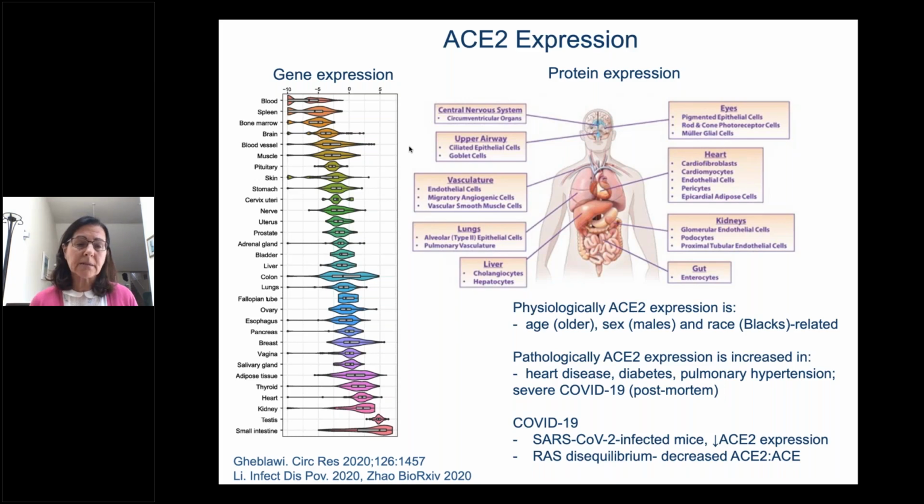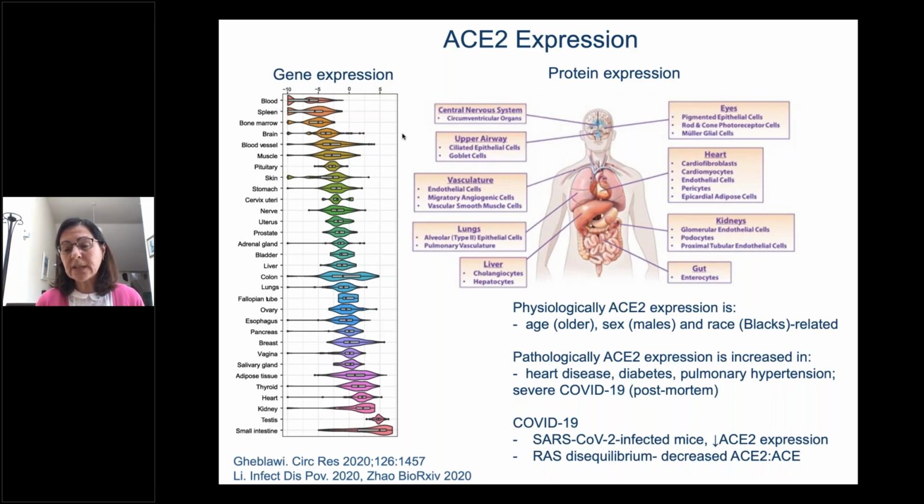And there are many different cell types in different tissues and organs that express ACE2, as depicted in this slide. I would just like to highlight that the expression and activity of ACE2 is really important in terms of physiological and pathological actions. It seems that ACE2 under normal conditions has an age, sex, and race dependency, because ACE2 expression seems to be higher in older people, seems to occur predominantly in males, and seems to be highly expressed in Blacks and Asians.